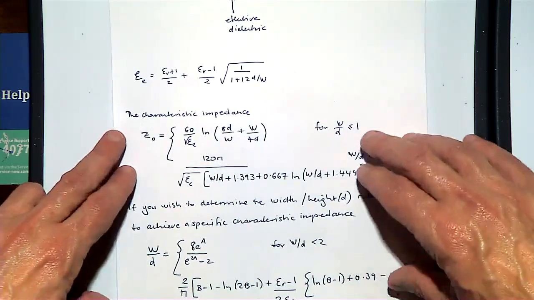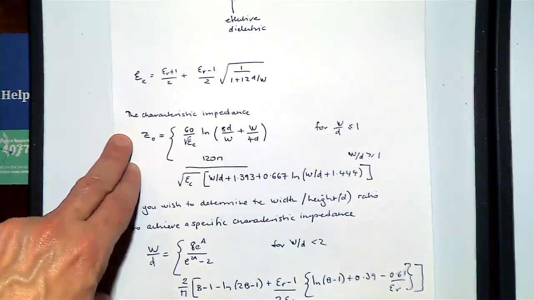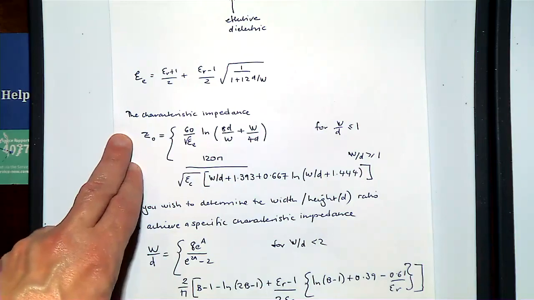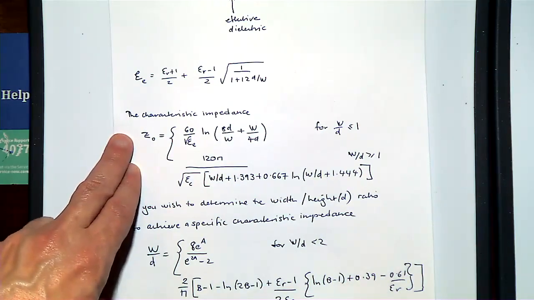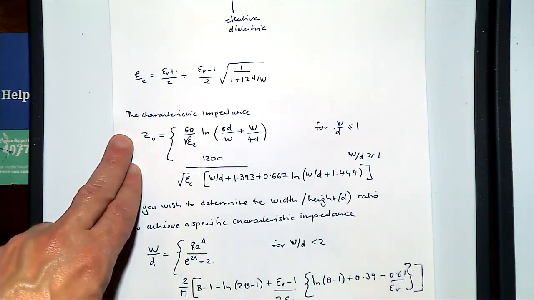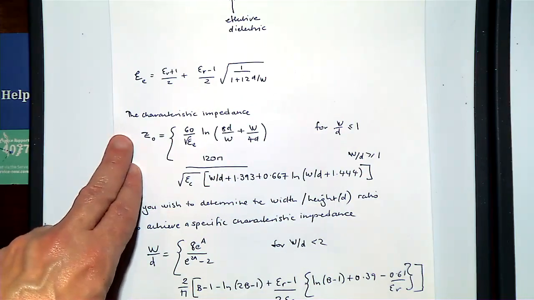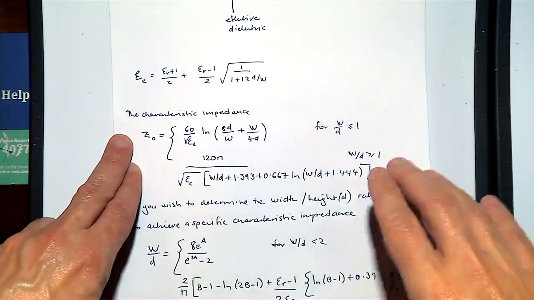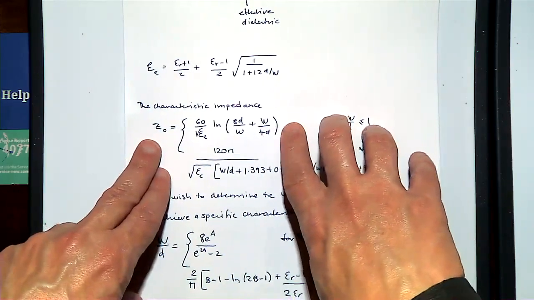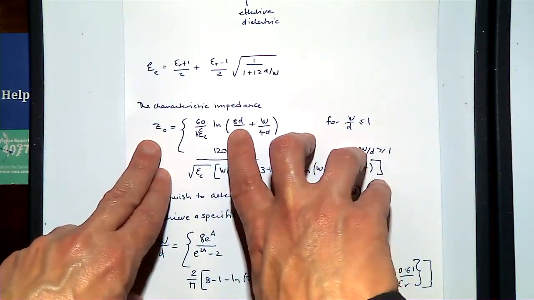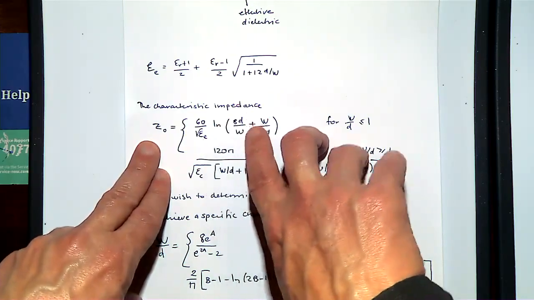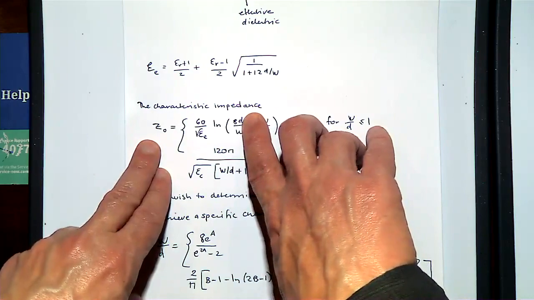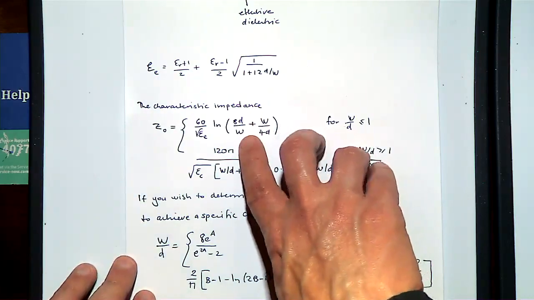Now, like what we did in strip lines, we're not actually going to derive these equations. You can assume that they're some God-given fact, or essentially what people have done is gone through the process of fitting these functionals to the characteristic impedance versus dielectric constant versus effective dielectric constant versus the height of the dielectric and the width.